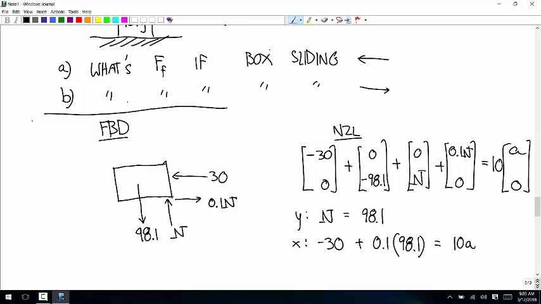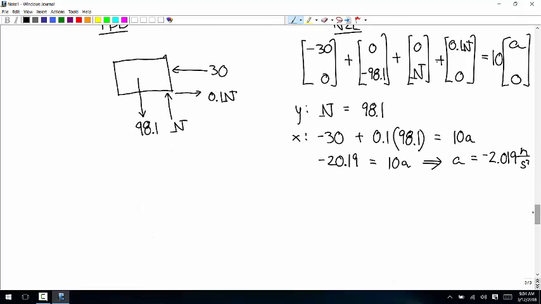Okay, so negative 30 plus 9.81 is negative 20.19, right? That's equal to 10a. So a is equal to negative 2.019 meters per second squared. But that wasn't really what I asked for.